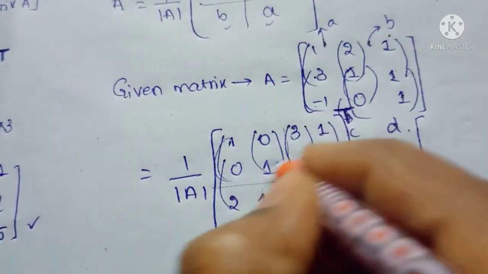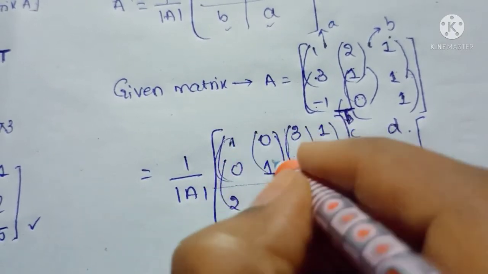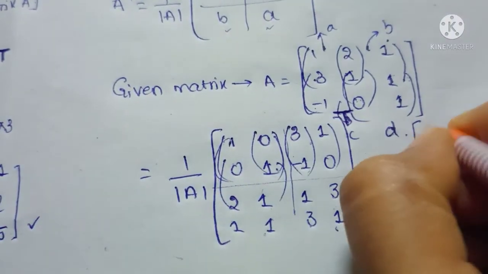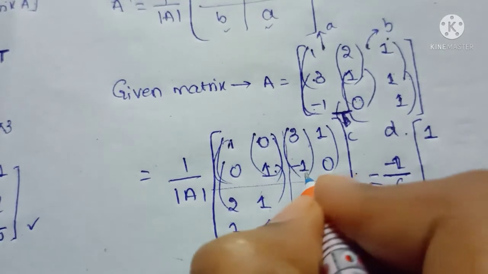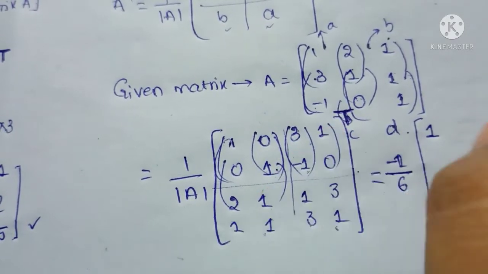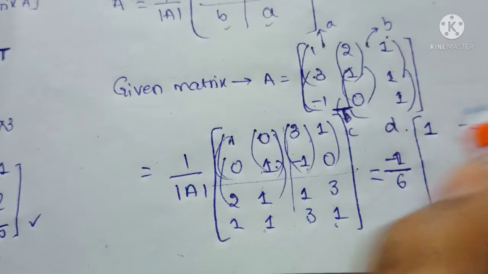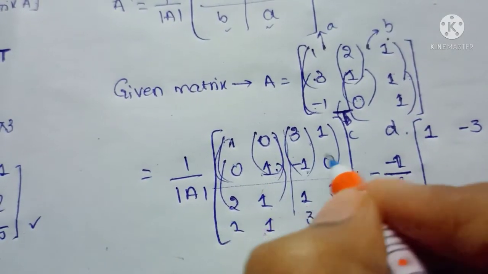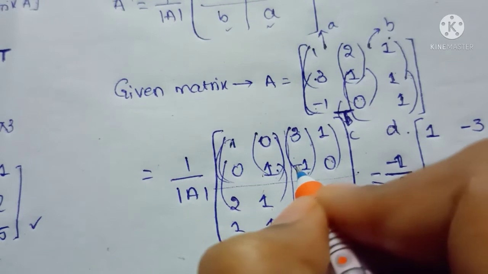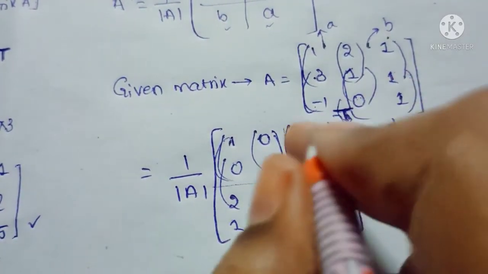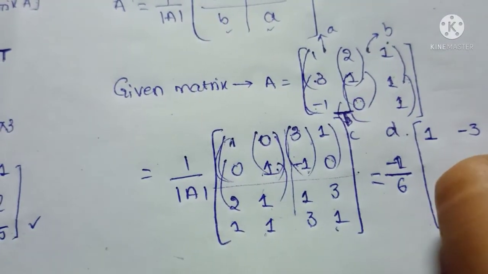For this position, 1 into 1 minus 0 gives 1, and 0 into -1 minus 3 into 1 gives 0 minus 3, which is -3. Here 3 into 0 minus 0, with the sign plus, gives plus 3.